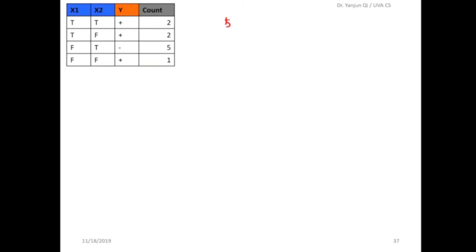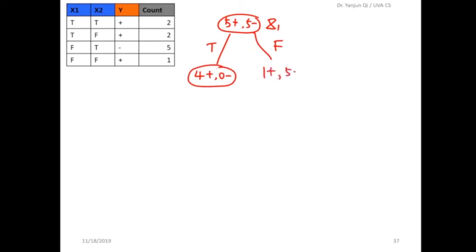We have 5 plus, 5 minus, and this is x1 here, right? Go to the truth, go to the false, and then go to the truth. We got 4 plus and 0 minus. Then if we go to the false, we go to 1 positive and 5 negative. Okay, and each node there actually represents y, right?